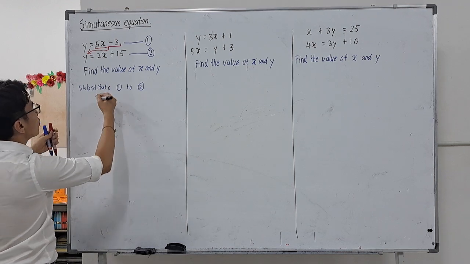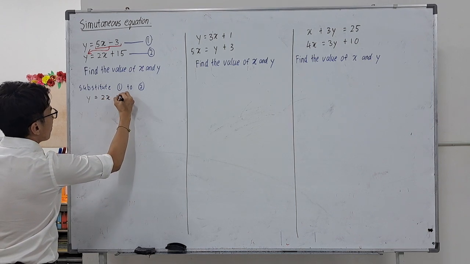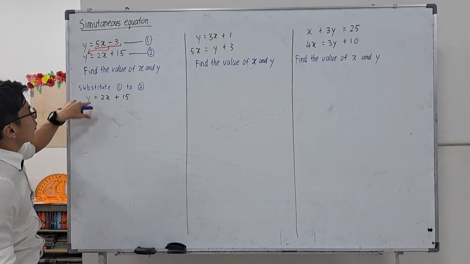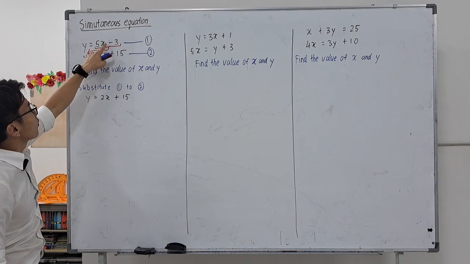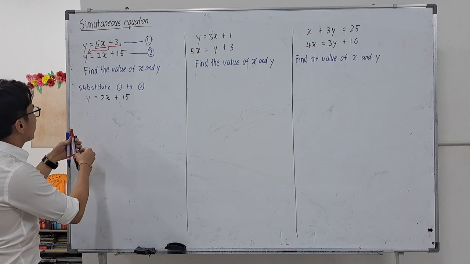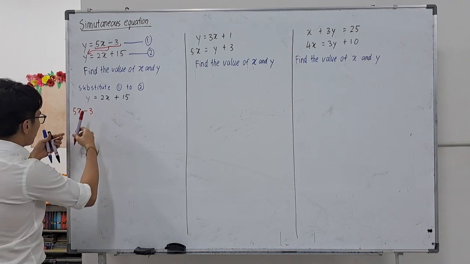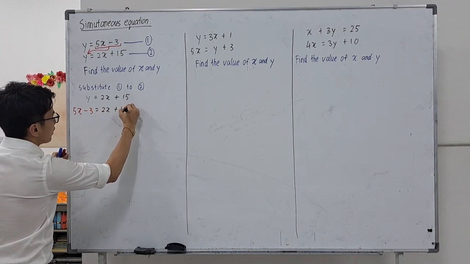My equation 2 is y equals 2x plus 15. So this y from equation 2 will be replaced by equation 1, this one over here. So I write 5x minus 3 equals 2x plus 15.